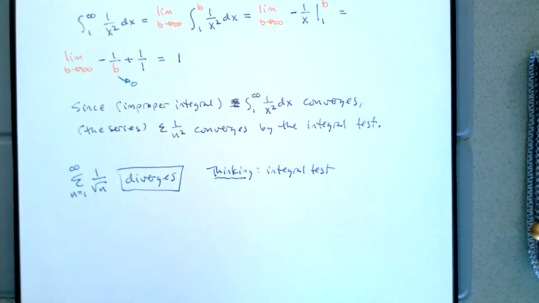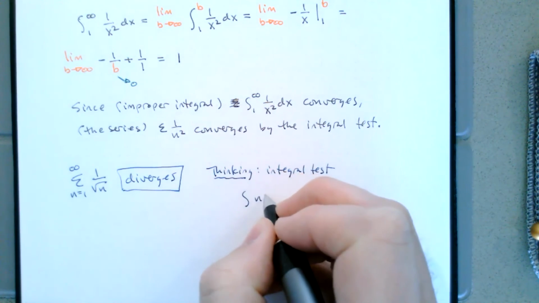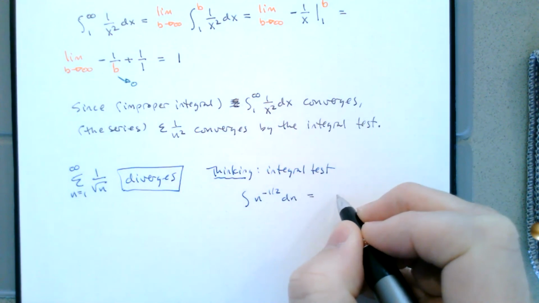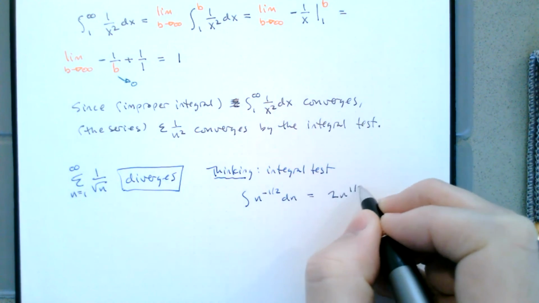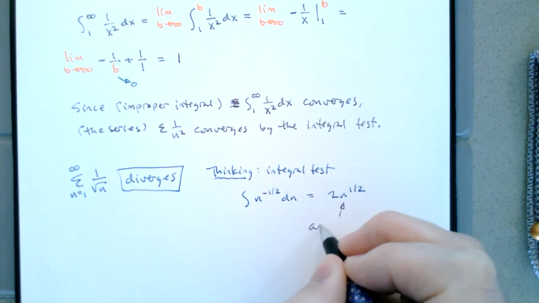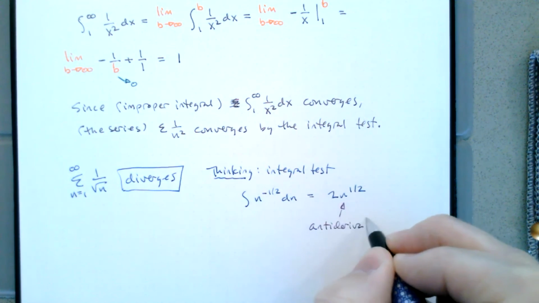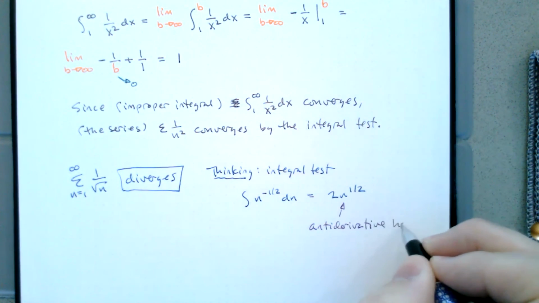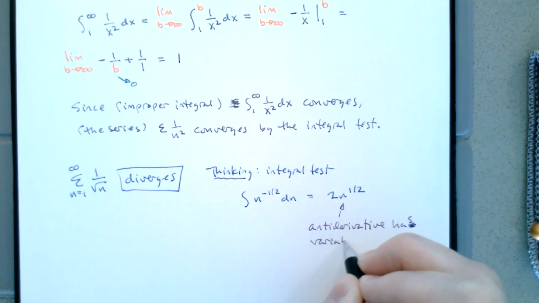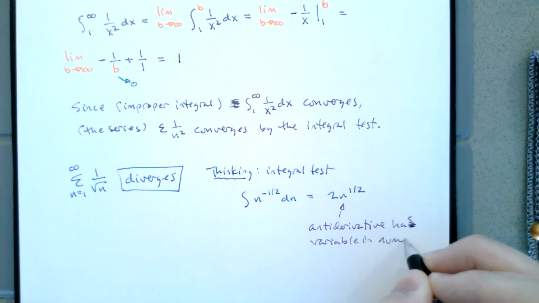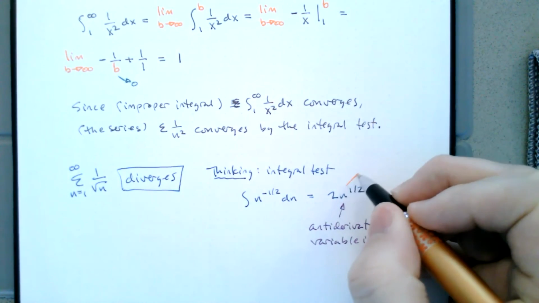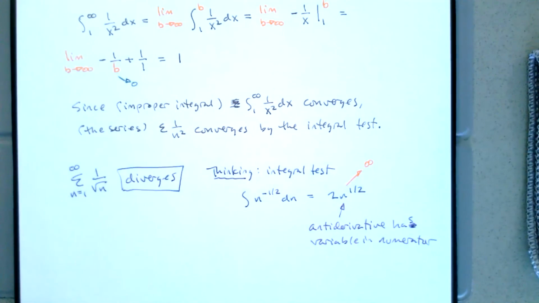When I add 1 to the exponent, the variable appears in the numerator. The antiderivative has a variable in the numerator. And so when n goes to infinity, this will go to infinity and beyond.